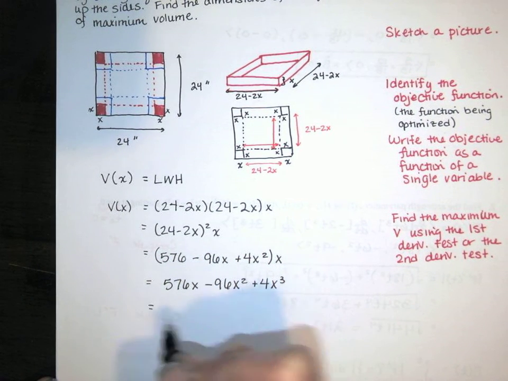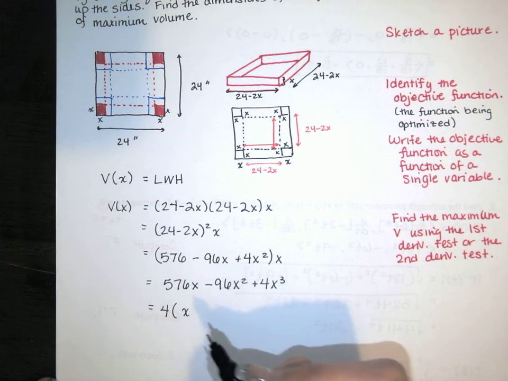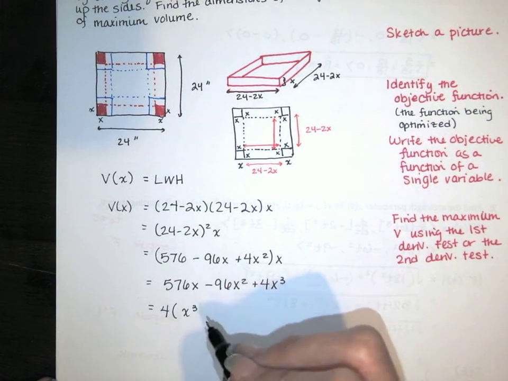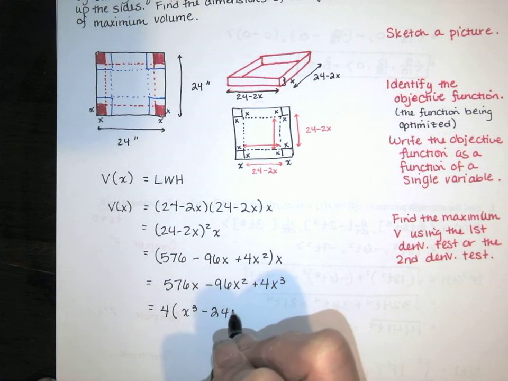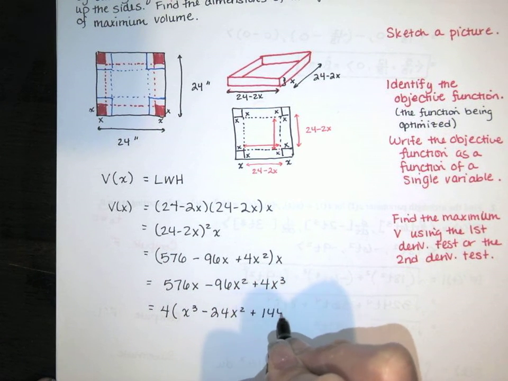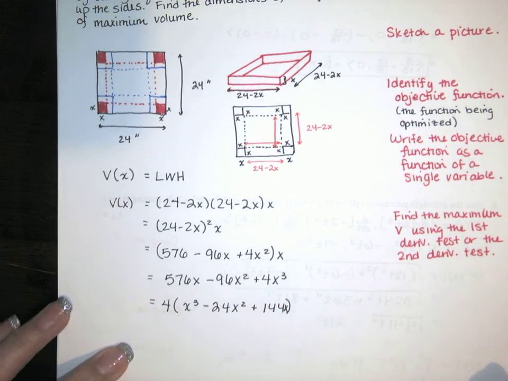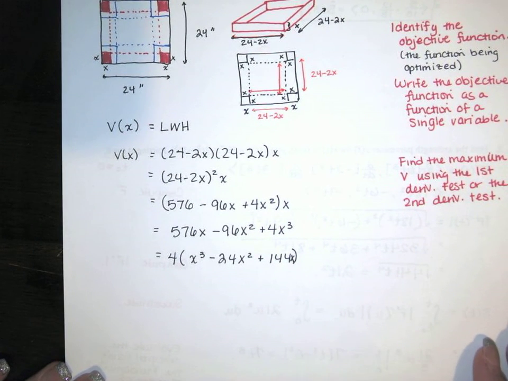And I think I will write it in the reverse order and factor out the 4. Oops, there's an x missing. There we go. Okay, so this is our volume function simplified.